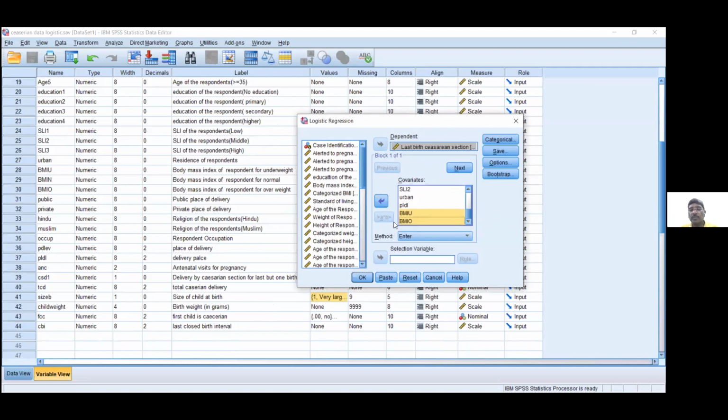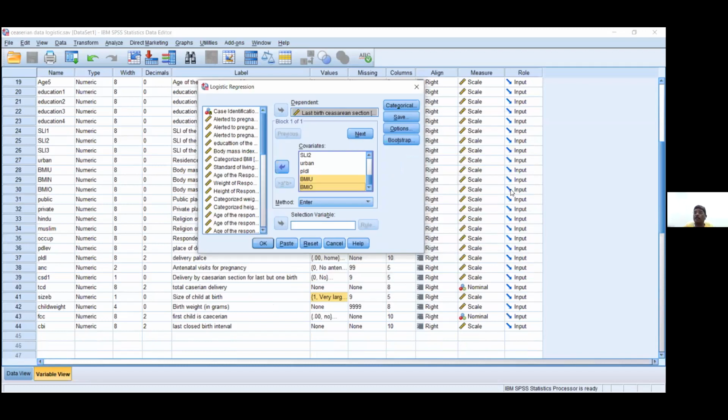Every variable is a categorical or dichotomous variable. No need to make them categorical from here. So be careful when you are going to use logistic regression. First, you make the categorical variable.